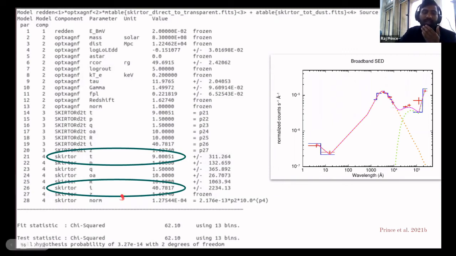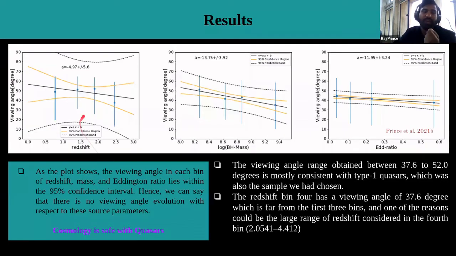So the estimate that we got from this fit, the viewing angle or this torus parameter, is not very precise. So in that sense, yes, if you have a bigger sample or very good data, maybe this error bar will be small, and then we can see some trend if it is there, as we see in our model.